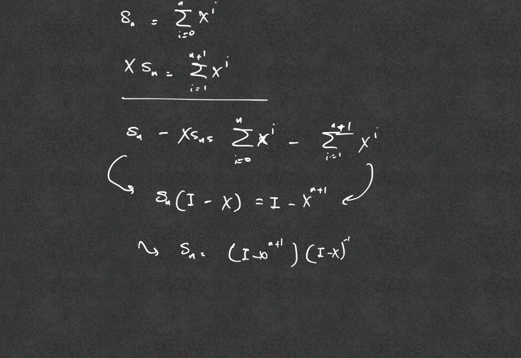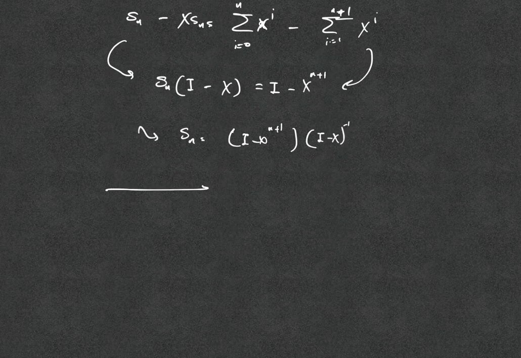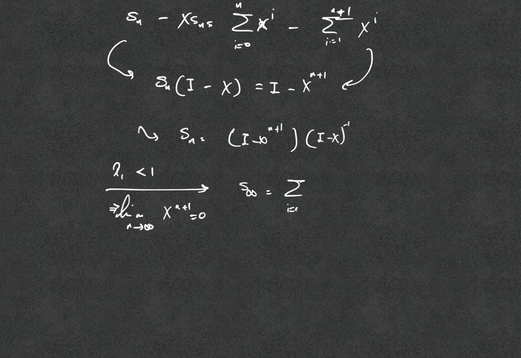And now we know that, given that lambda 1, the largest eigenvalue, is less than 1, if we approach n to infinity, this is going to be an all zero matrix. So you're going to have S infinity, which is equal to the sum from i equals 0 to infinity of X^i, would be equal to I times (I minus X) inverse, which is the (I minus X) inverse.